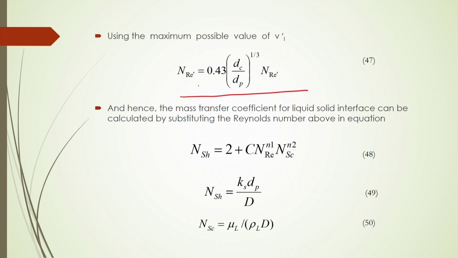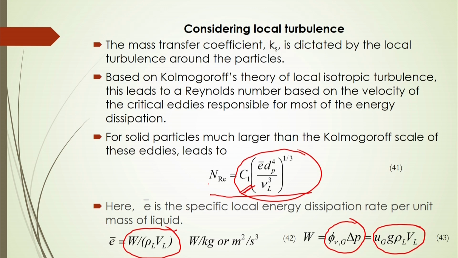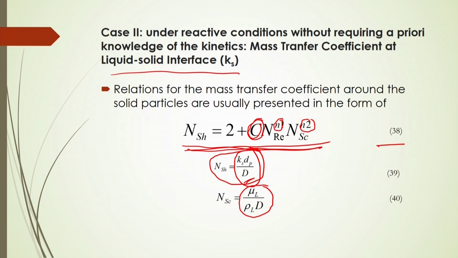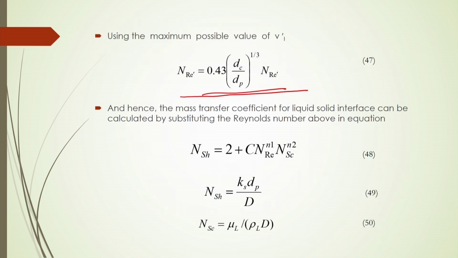If you substitute the equation for Reynolds number in the earlier equation 38, then we can get it in terms of the modified Reynolds number, equation number 48.